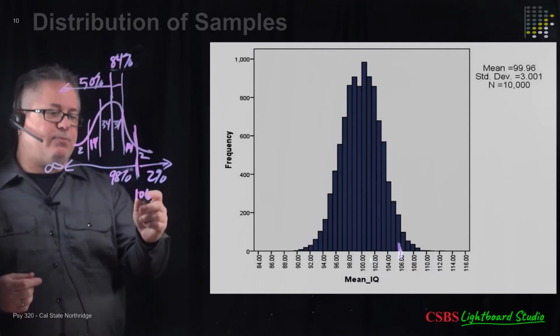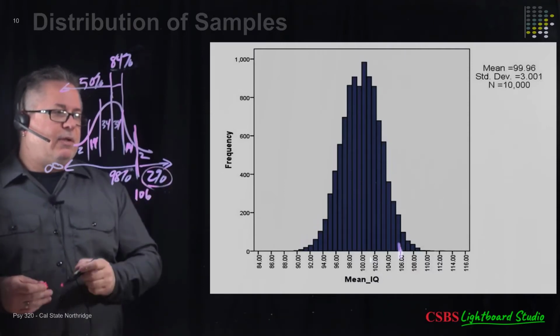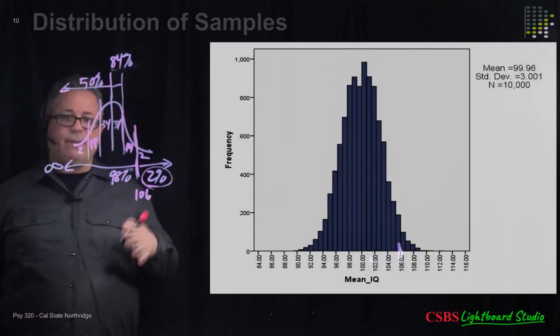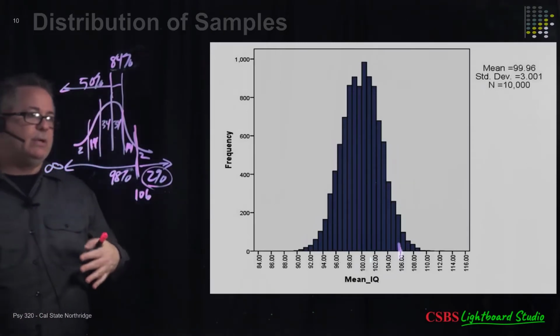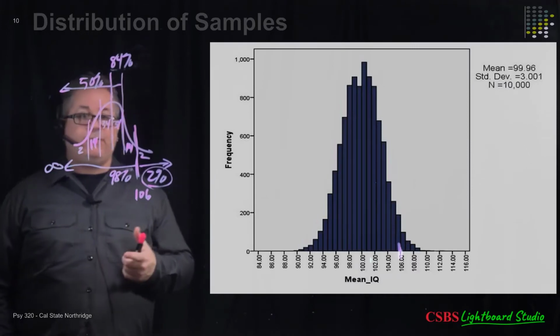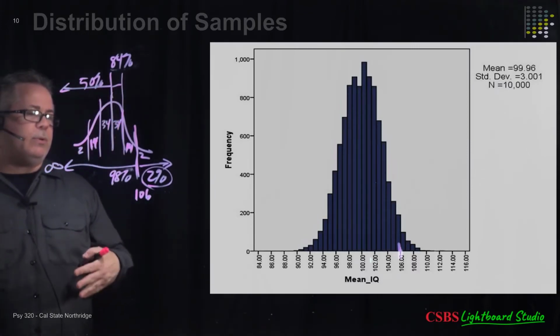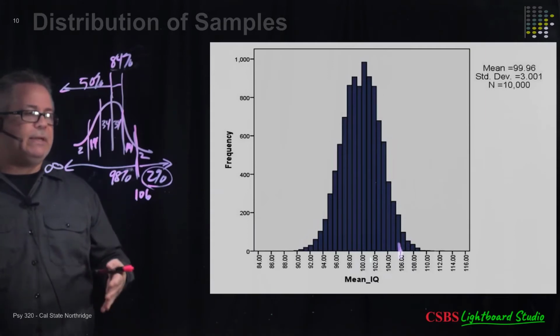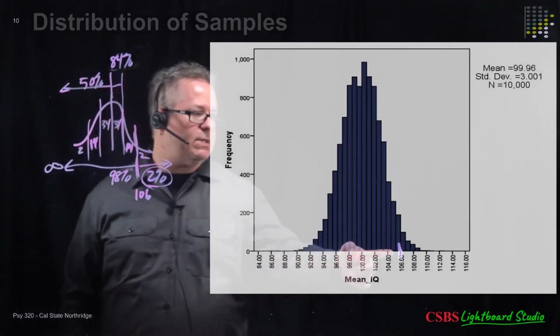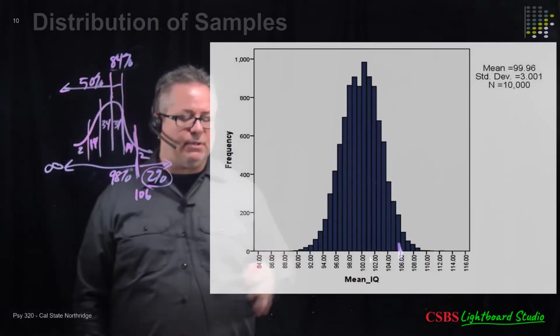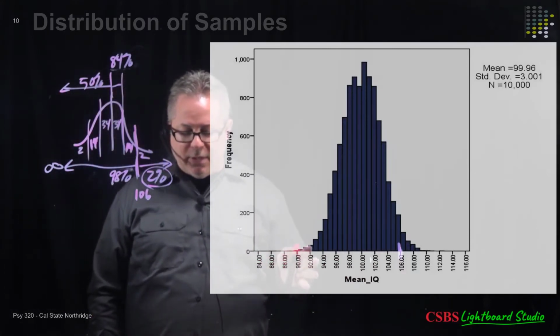That seems rather unlikely, right? So what is this saying in general? If we take samples from a population where the mean is 100 and the standard deviation is 15, and we take sample size 25, how often would we get a mean of 106 just by chance, just because of sampling error, sampling variation?